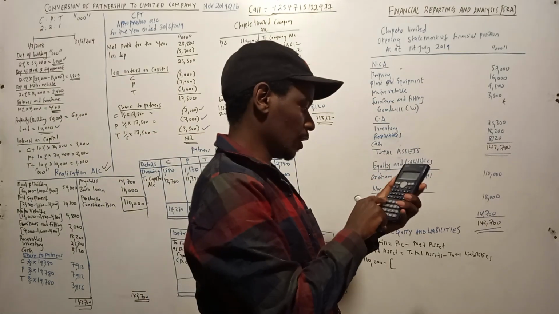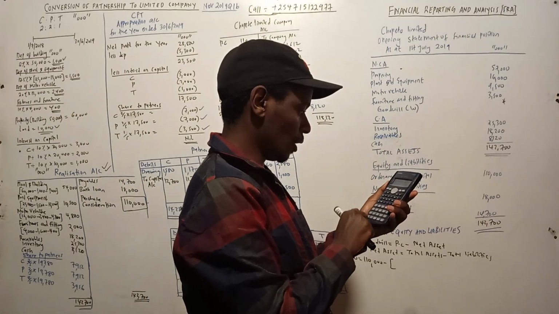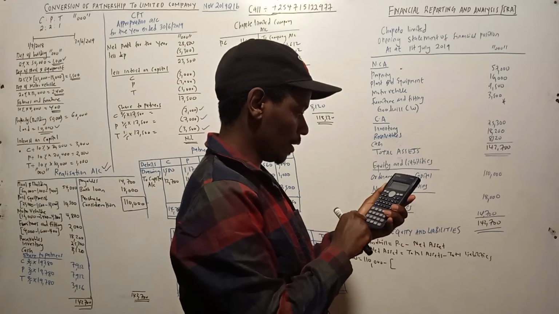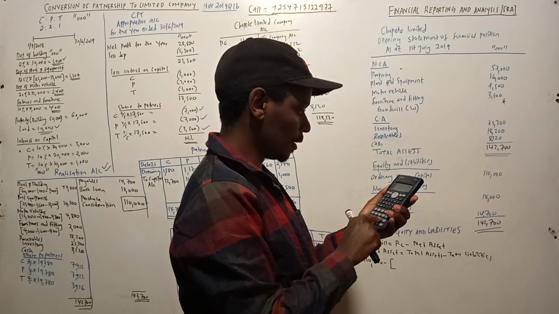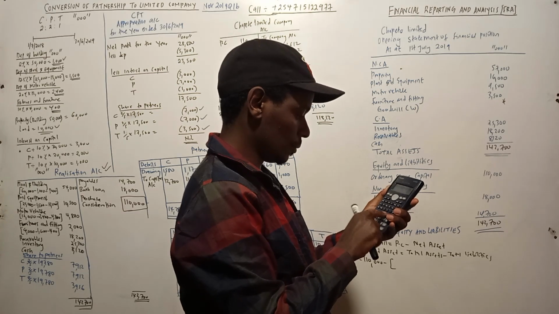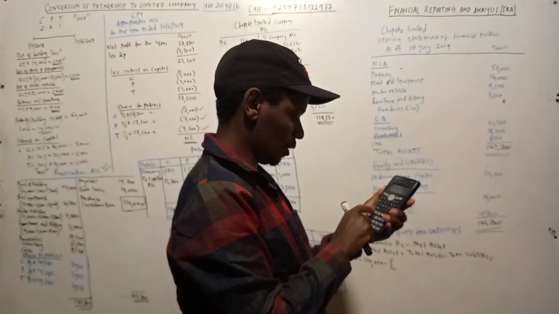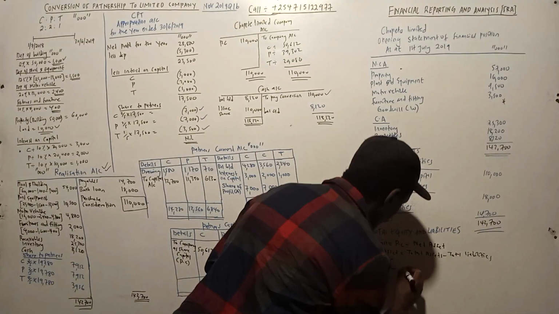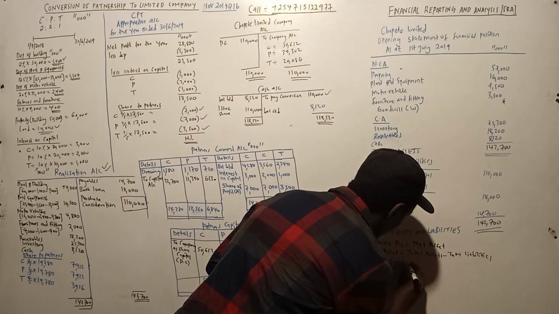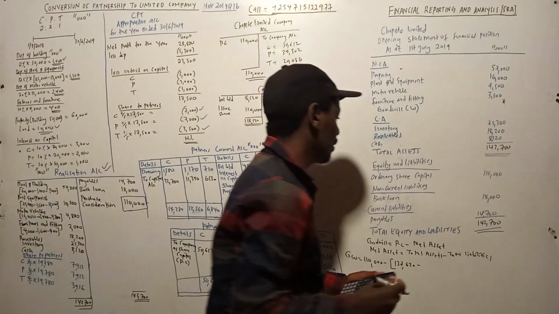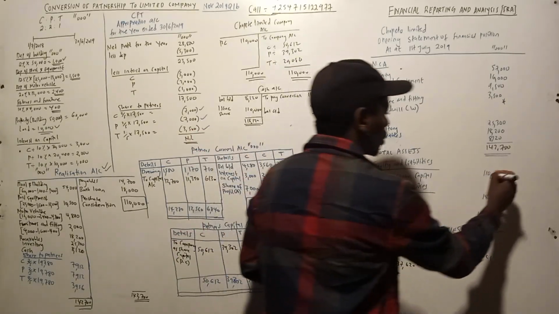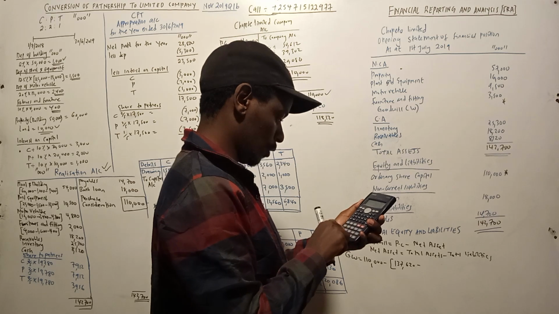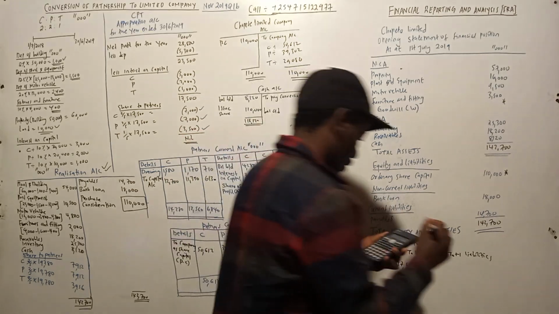So 57,000 plus 16,000 plus 9,500 plus 3,500 plus 25,300 plus 18,200 plus 8,120 to give us 137,620. 137,620 minus total liabilities. So remember, this one is not a liability. So it is 18,000 only plus 14,700, 32,700.